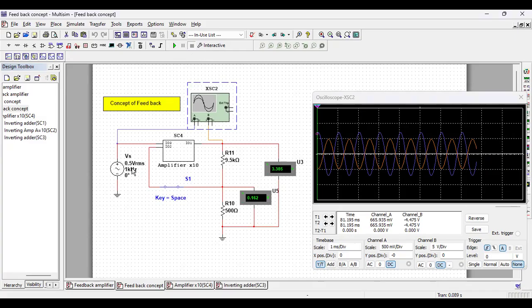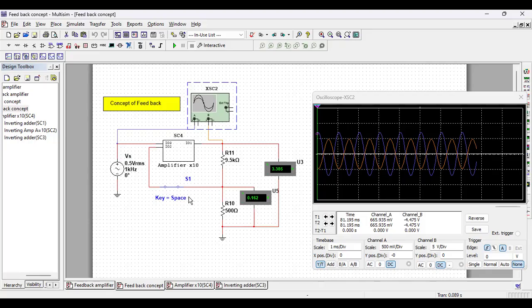So if I calculate, it becomes 3.385 by 0.5. The gain has become 6.77. So the gain has reduced.